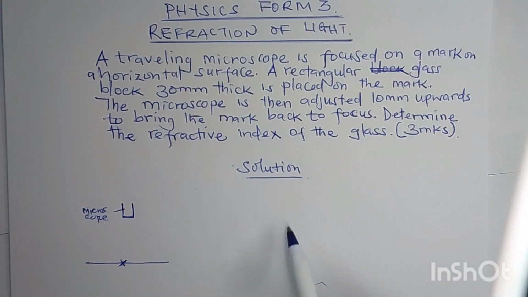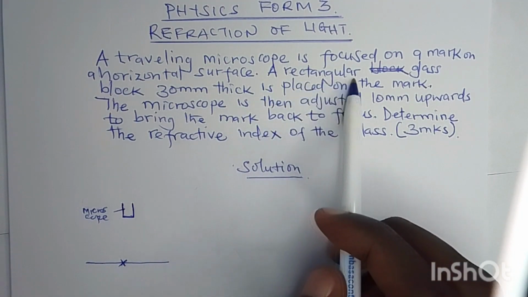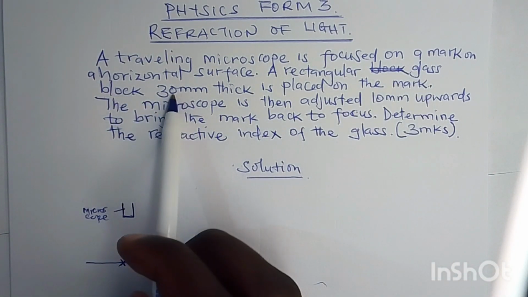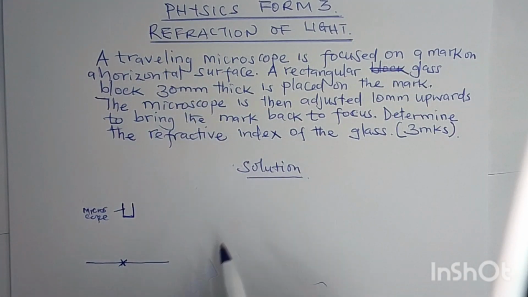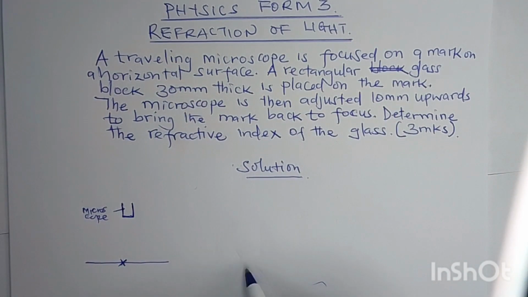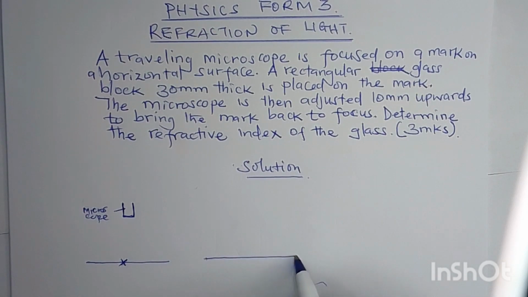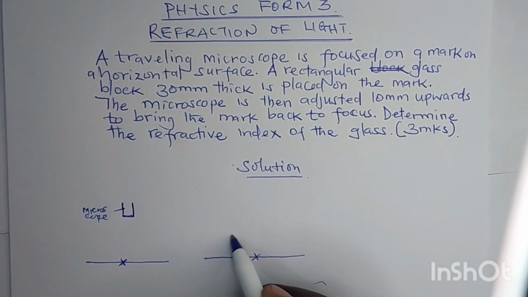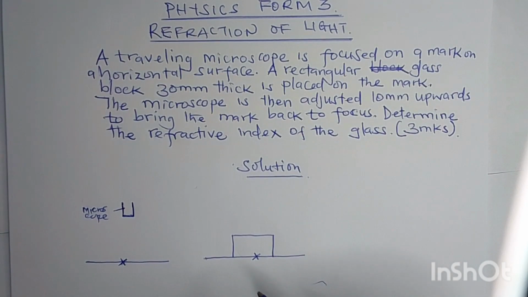Then we are also told that a rectangular glass block of this thickness, that is 30 millimeters thick, is placed on the mark. So let us place the glass block on the mark. This is the mark. So I'm bringing a glass block and I place it there.